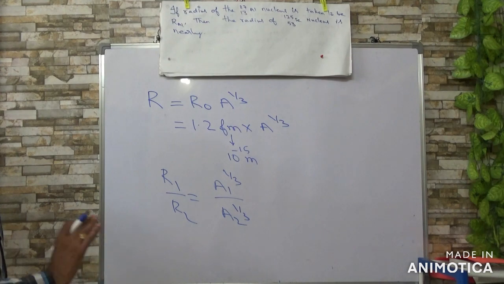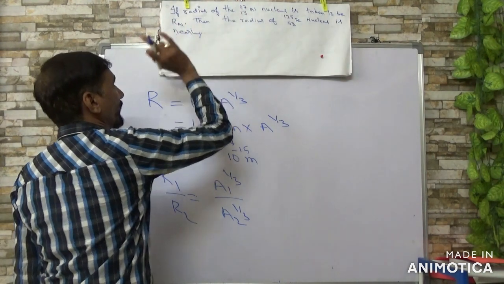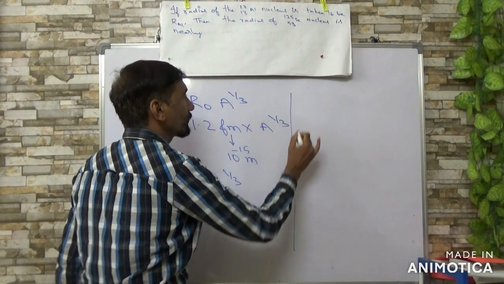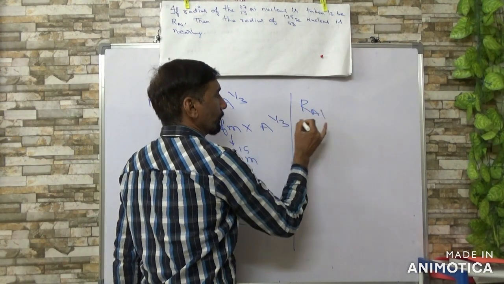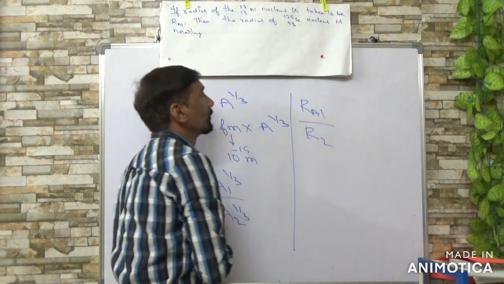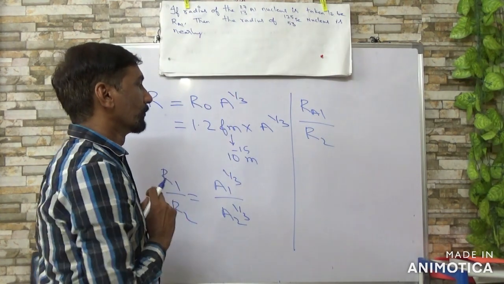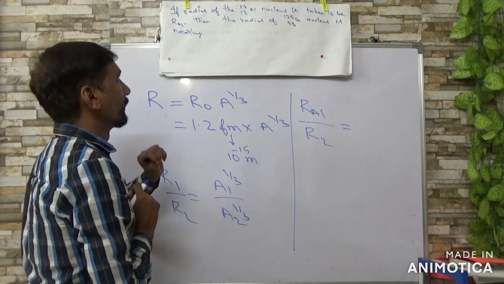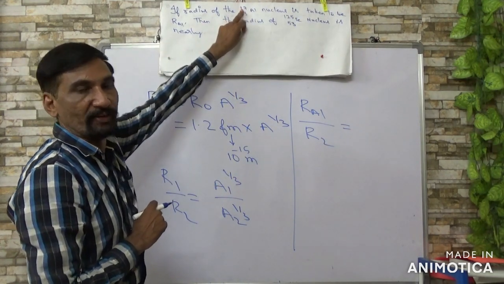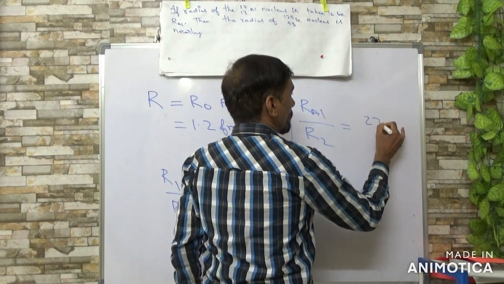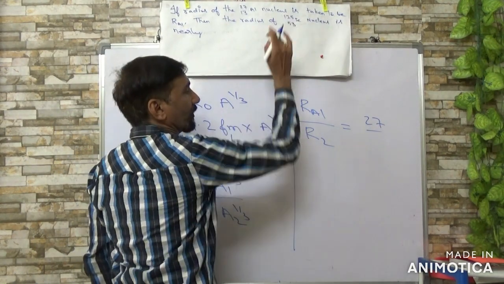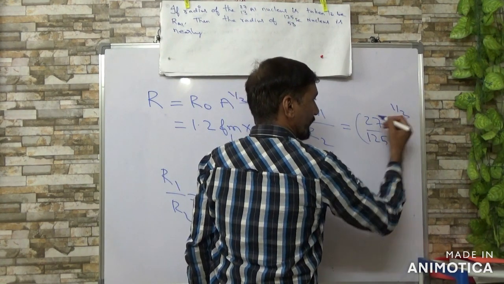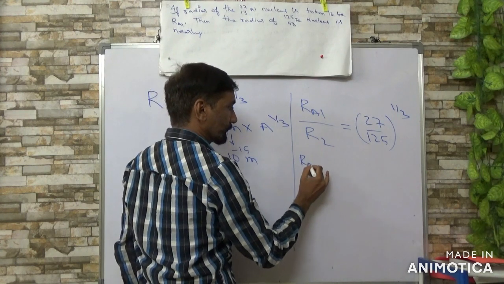So in this problem, radius of aluminium you have given, R Al. By second one you want to find, that is about tellurium. Equal to A1, mass number of first one 27, by second one 125 power 1 by 3.